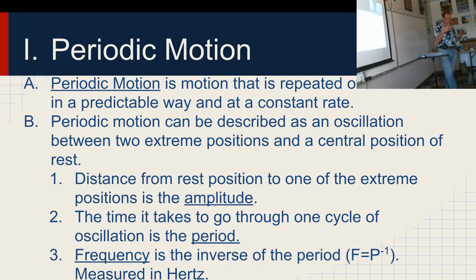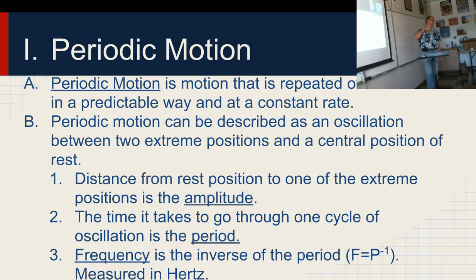So the inverse is something you're maybe not as familiar with in math, but if you divide 1 by some number, you have its inverse. So if your period is 3 seconds, you take a kid, you drag them back, you let them go, they swing, and it takes 3 seconds to go forward and back, then their period is 3 seconds.